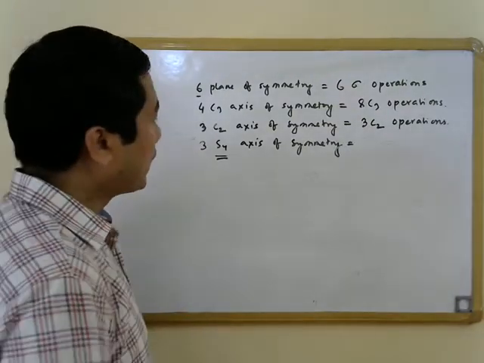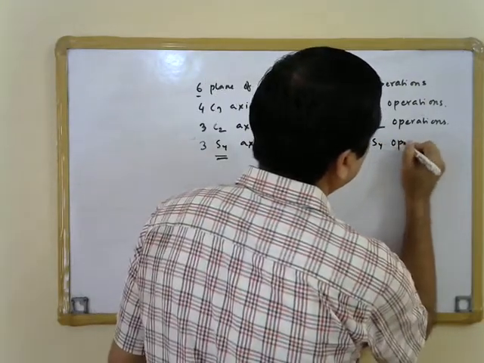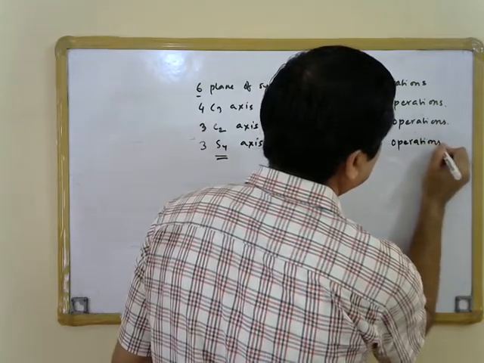So there are 3 S4 axes, which will give us a total of 6 S4 symmetry operations.